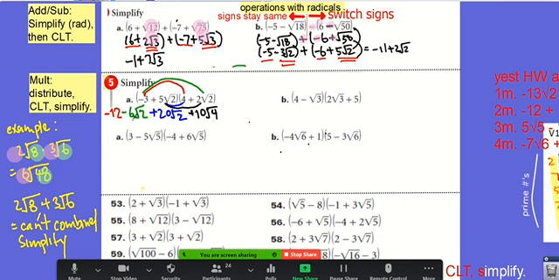And so now we're going to combine like terms here. Let's simplify root 4, by the way. I'm going to side hustle this 10 root 4. 10 root 4 is equal to 10 times 2.